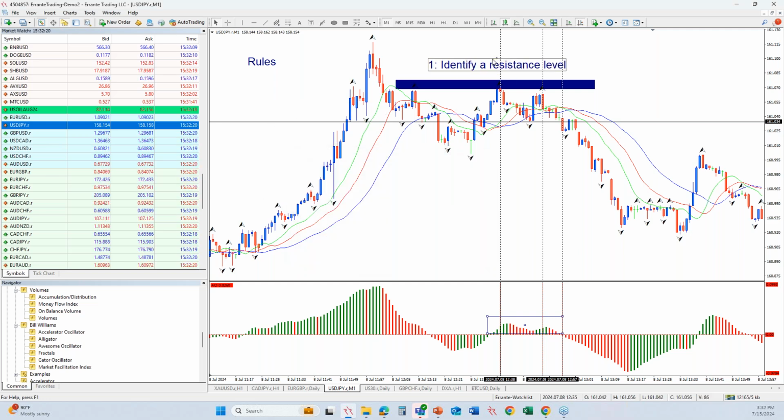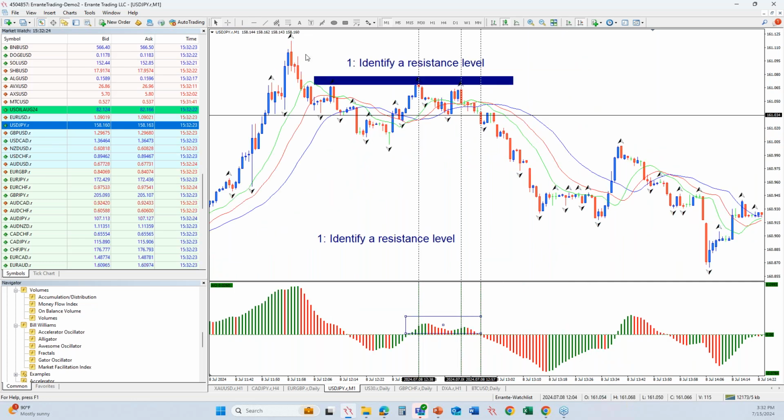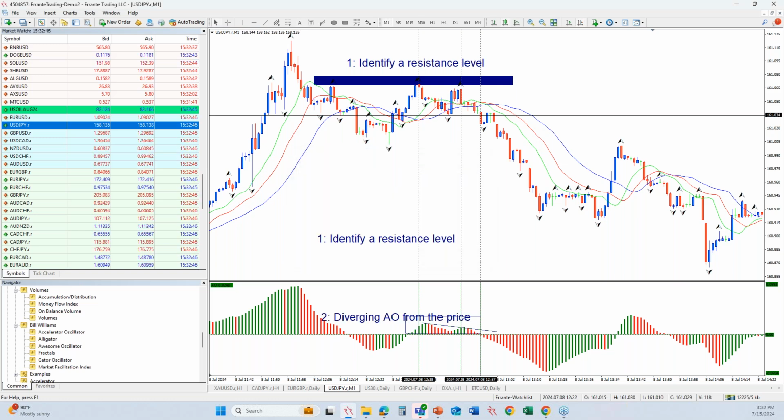And as the second rule, we need to see the price and oscillator diverging. It's a really obvious one. So the second rule is diverging AO from the price.